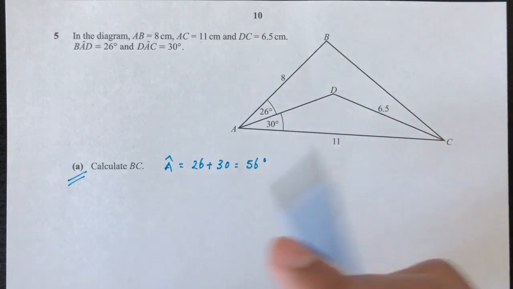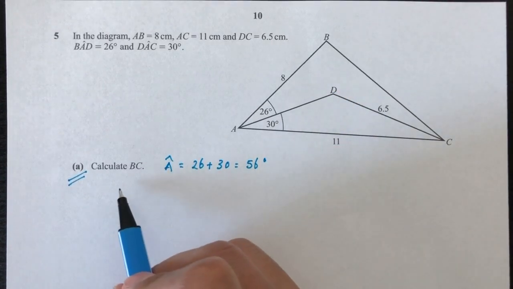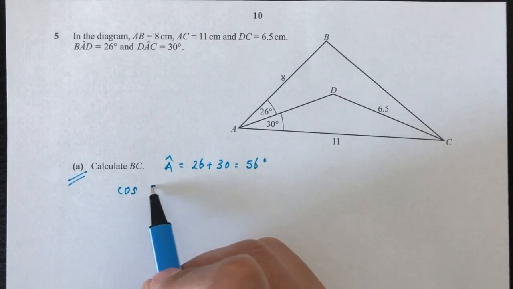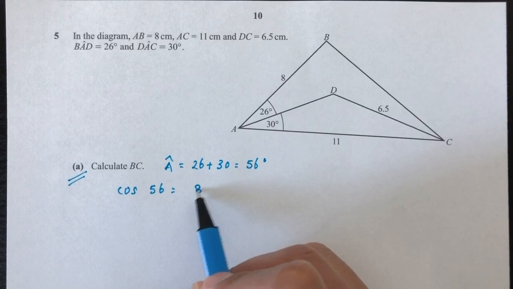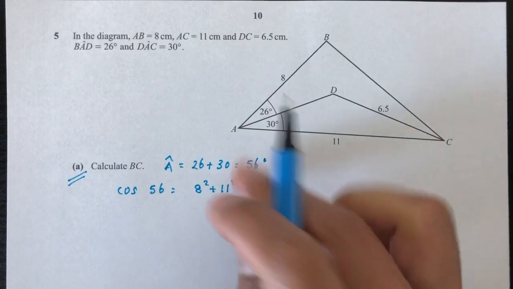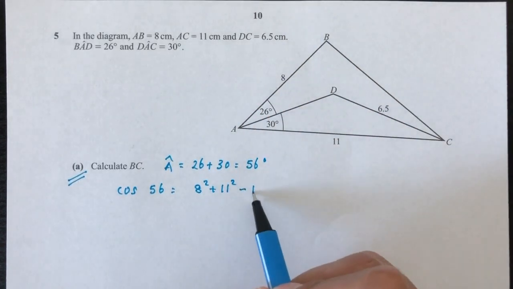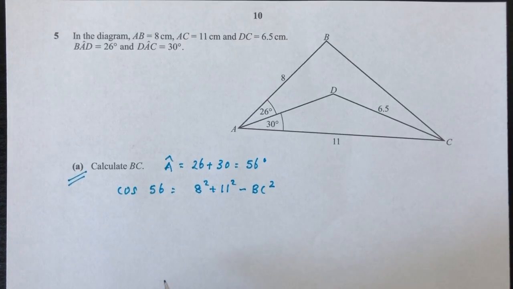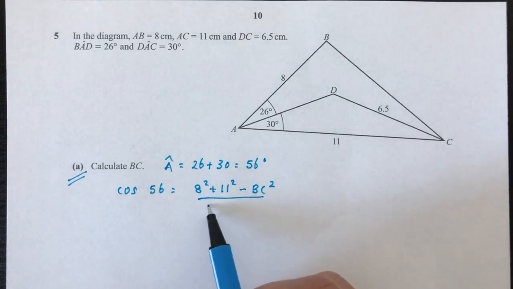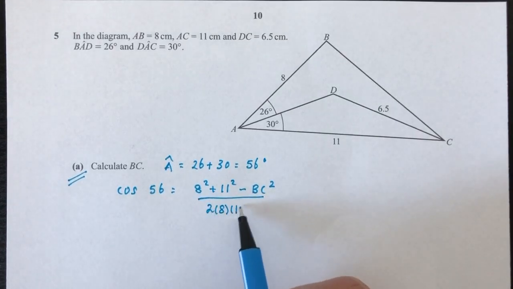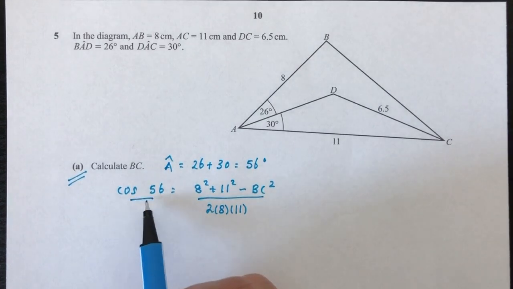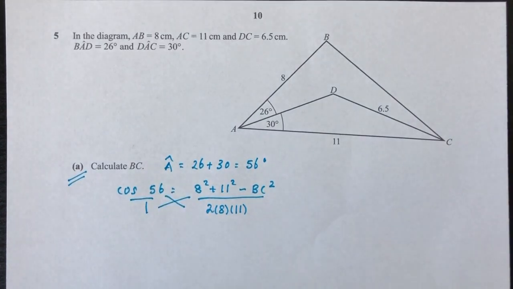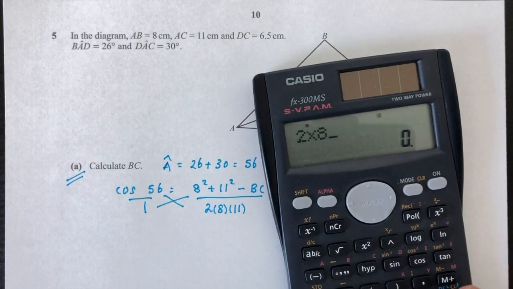Now, to find this side BC, we have to use the cosine rule. So cosine of 56 is equal to 8 square plus 11 square, these two sides, minus BC square, divided by 2 times 8 times 11. Now we have to cross multiply. So what is 2 times 8 times 11?